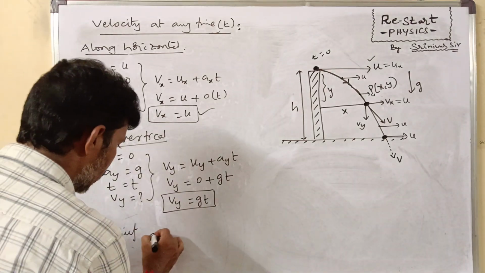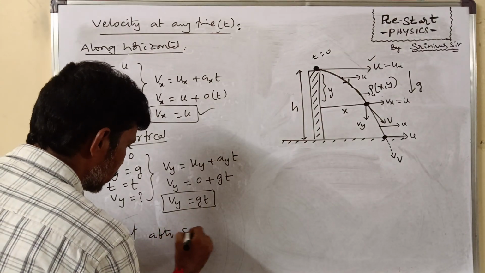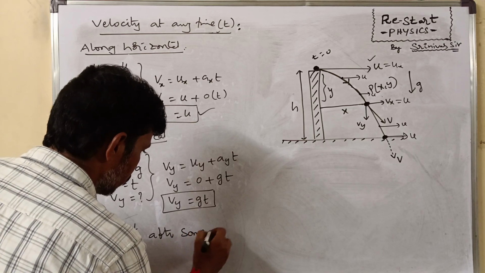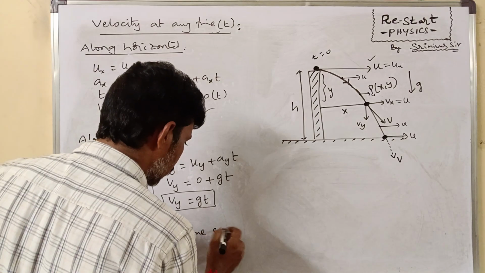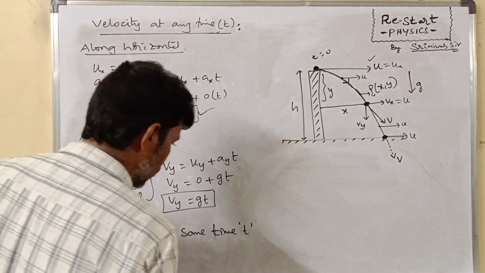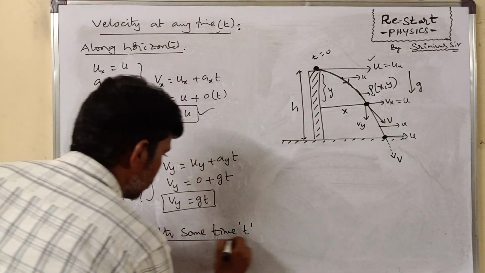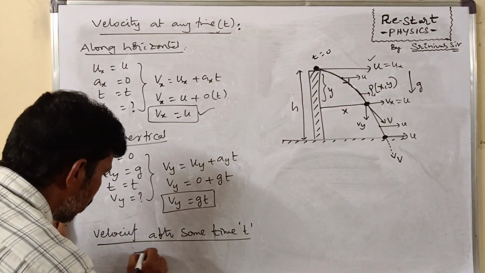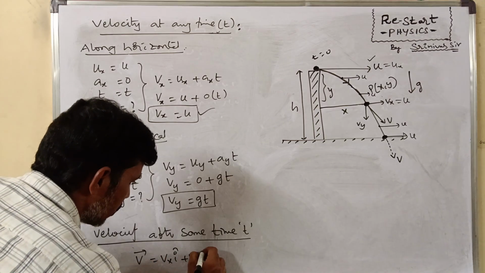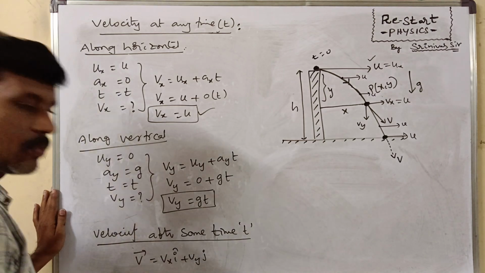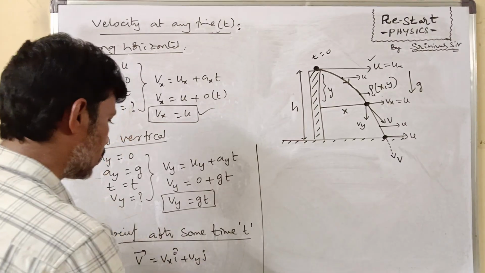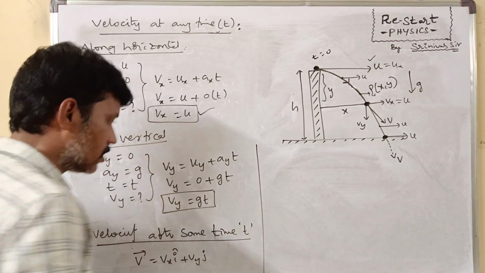After time t we got these, now we can find the velocity. Velocity after any time t is v bar equal to vx i cap plus vy j cap.